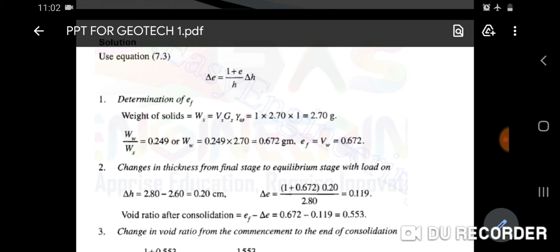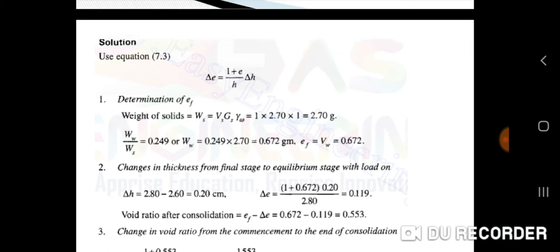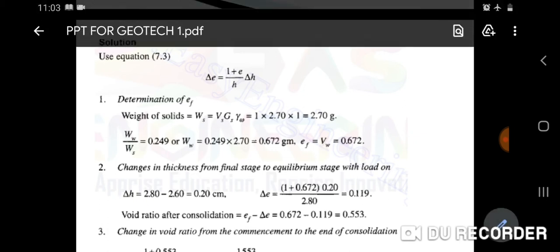Next, they have given in the question the ratio of weight of water divided by weight of solid as 24.9%, so you can consider it as 0.249. Or else we can write the weight of water W is equal to 0.249 into Ws, which we have already calculated, the weight of solids, so it will be 2.7.